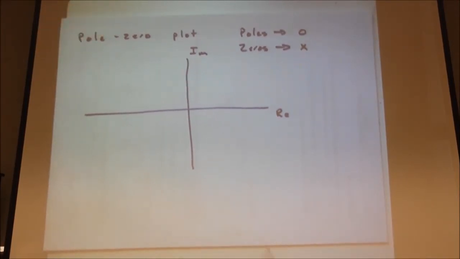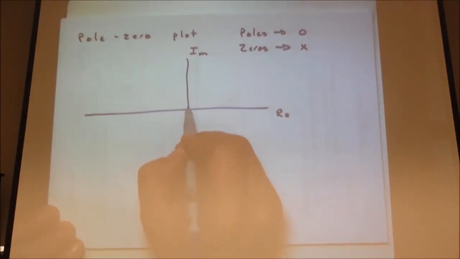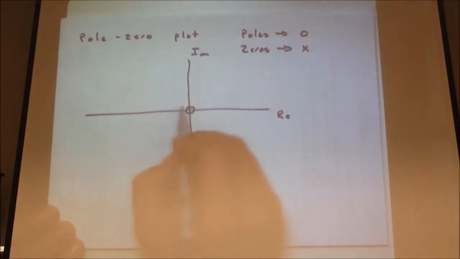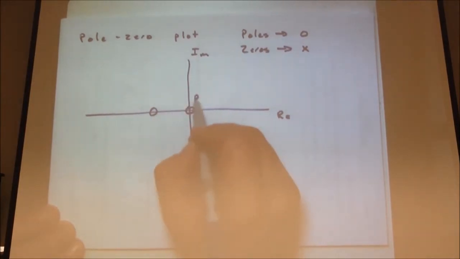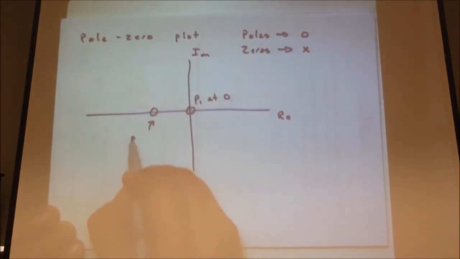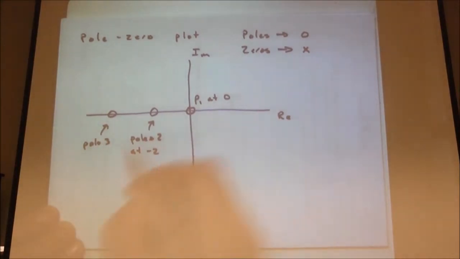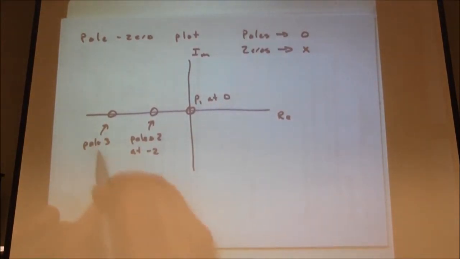For the case we just looked at, we have pole 1 at 0, pole 2 at -2, and pole 3, the numbering being arbitrary, at -4.